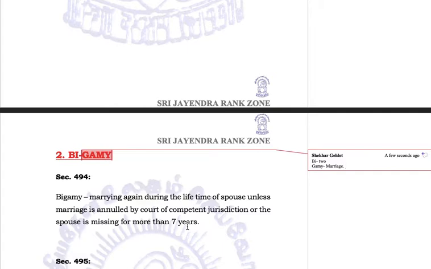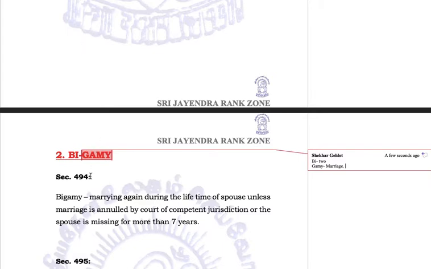That is not the issue. The issue is that you cannot remarry till the time you have taken a divorce from the earlier spouse, or your earlier spouse has died, or your earlier spouse is missing, has not been heard of for 7 years. Earlier spouse means earlier wife or husband.